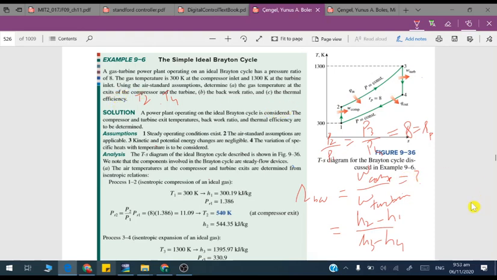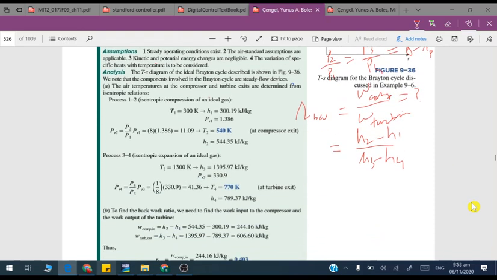What is thermal efficiency? In the case of the Brayton cycle, thermal efficiency is W net divided by Q in. This is a universal formula whenever you are dealing with thermodynamic cycles: W net, the net work output, divided by the heat supplied, Q in.